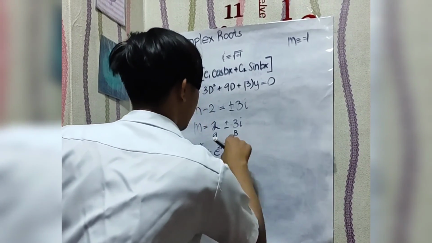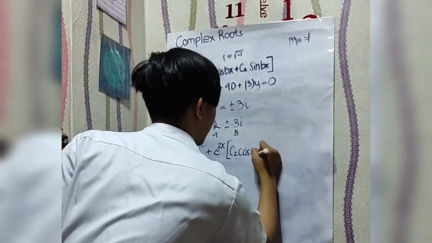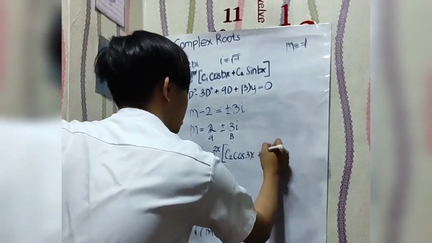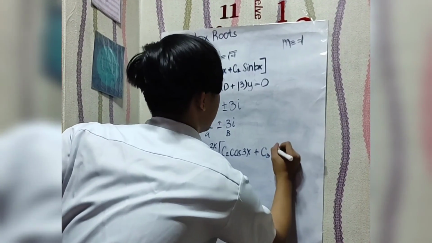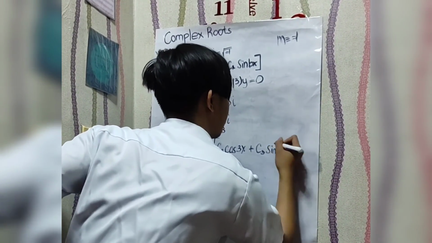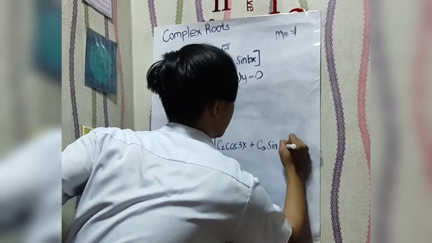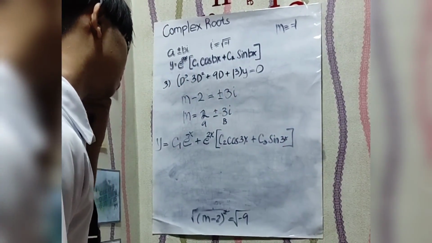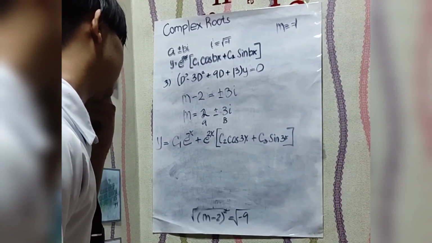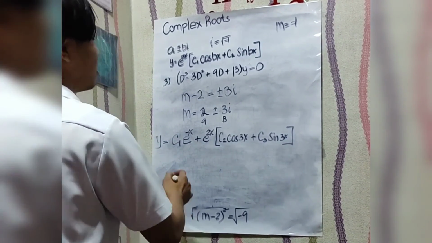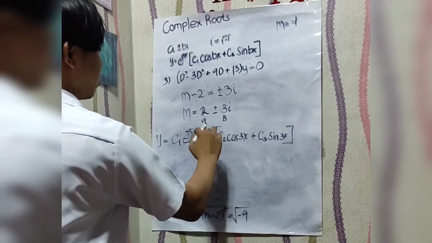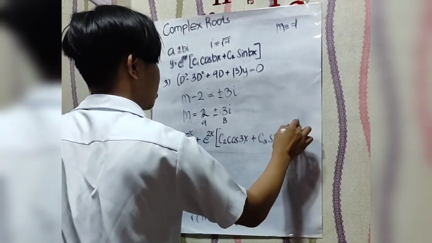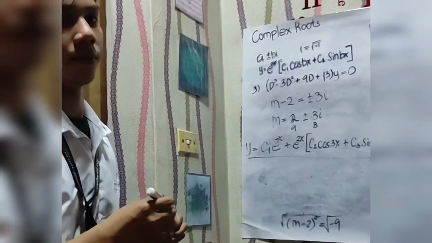Cosine, ano yung B natin is 3x, plus C3 sin BX. Sin, ano yung B ulit natin? 3x. Ayan na yung final answer natin. Pwede mo siyang i-distribute doon kung gusto mo. Ayan na po yung final answer. Yan lang po.